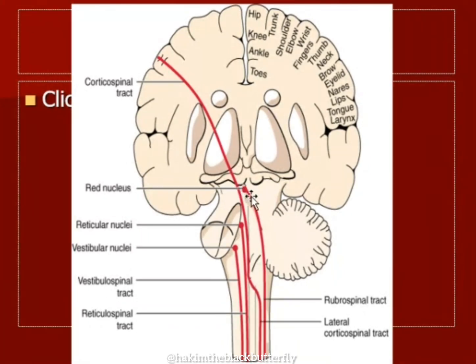Then they cross and descend on the opposite side as the rubrospinal tract until they reach the spinal cord, where they are going to synapse with second order neurons which are going to transmit those impulses to the muscles.